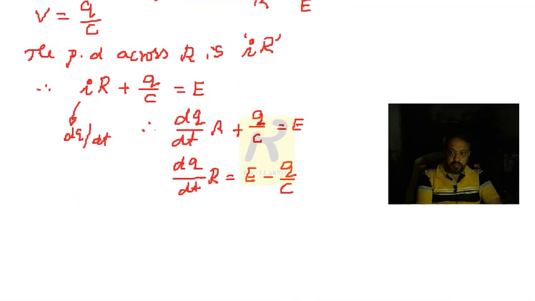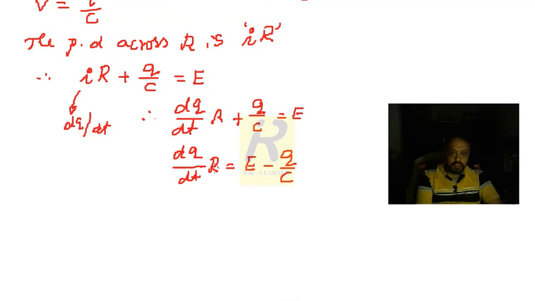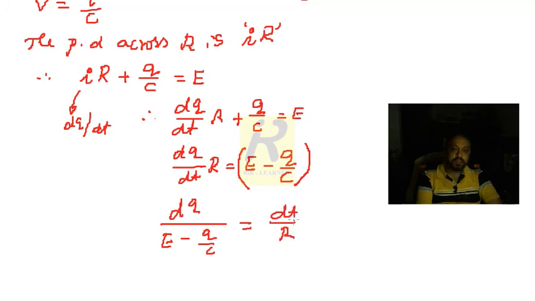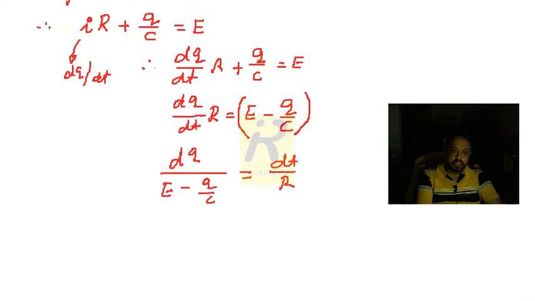Now, I bring these things to the denominator of the LHS and I take this dt on this side, along with R. So I can write dq divided by E minus Q by C, which is equal to dt divided by R. Okay.